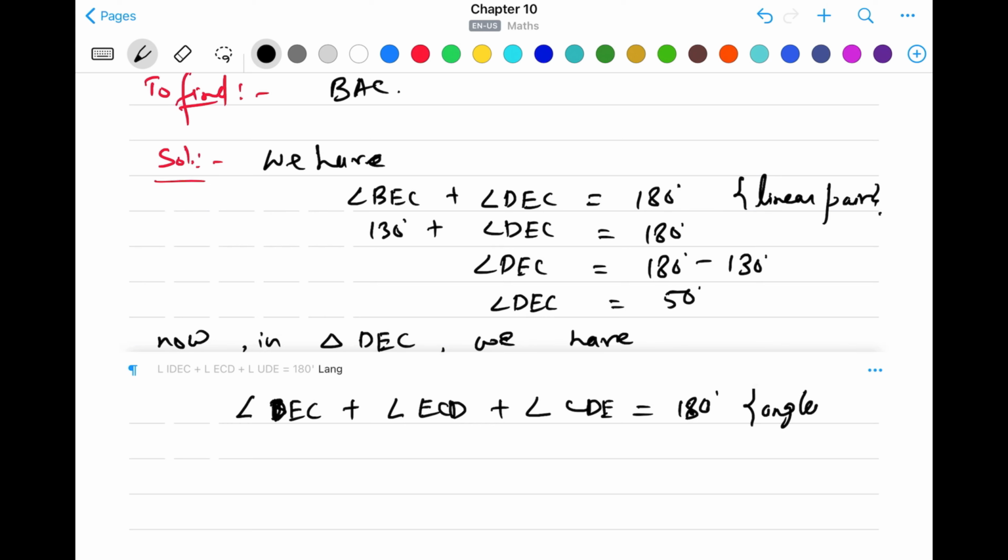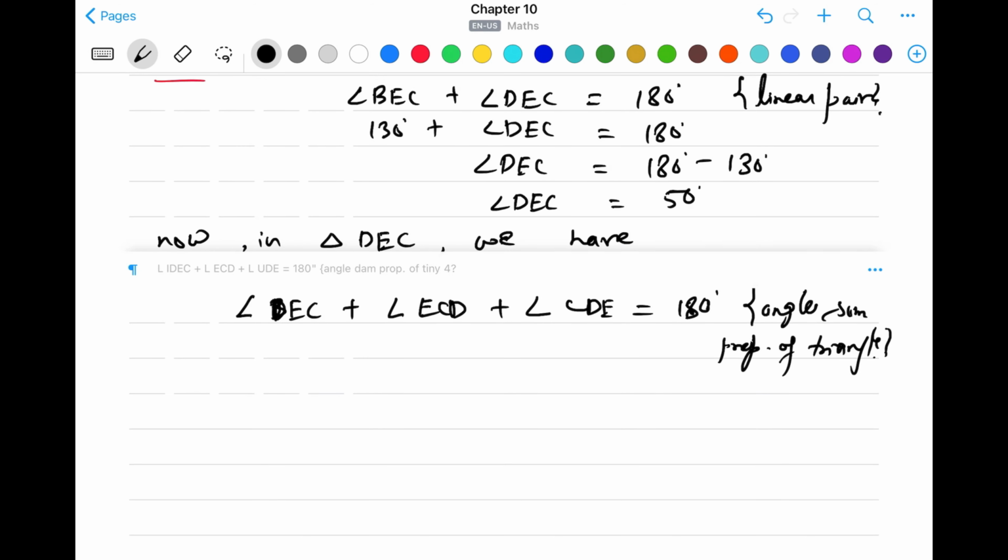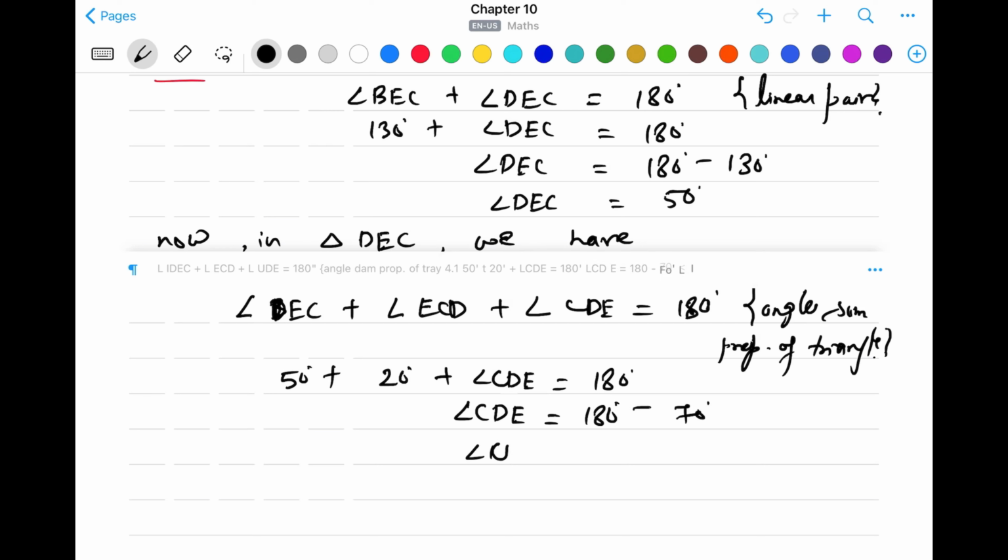Let's write angle sum property of triangle. So DEC we calculated, which is 50 degrees, ECD is given as 20 degrees, so we have CDE equals 180 degrees minus 70, so CDE turns out to be 110 degrees.